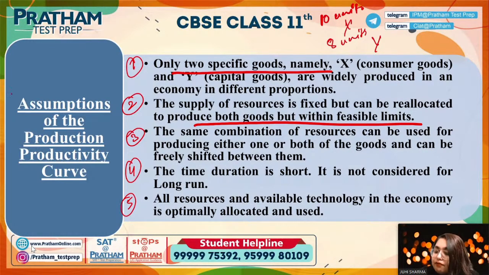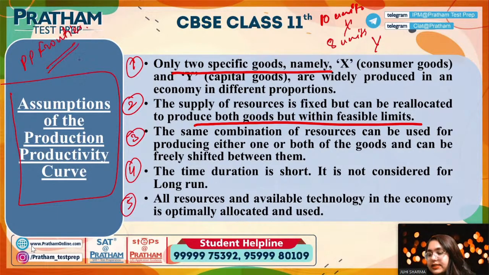So these are few of the assumptions which we take into consideration before studying the production possibility curve, right? Which is also known as production possibility frontier. The another name for it is the transformation curve, right? So these are the other names of the production possibility curve or PPC.